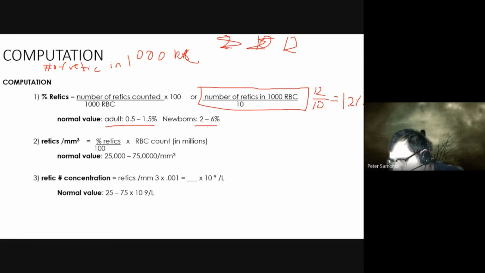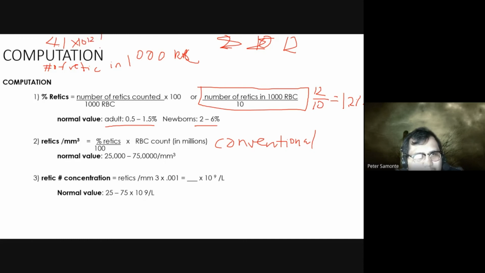Newborn, 2 to 6%. Then we also have your retics per cubic mm. So parang conventional lang to, class, ng WBC nyo. So ang formula is percent retics divided by 100 times RBC count in the million. So let's say ang RBC count ng patient is 4.1 times 10 raised to the 12 per liter.